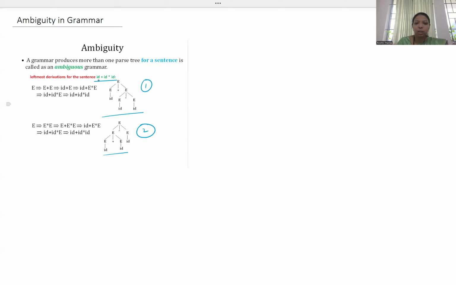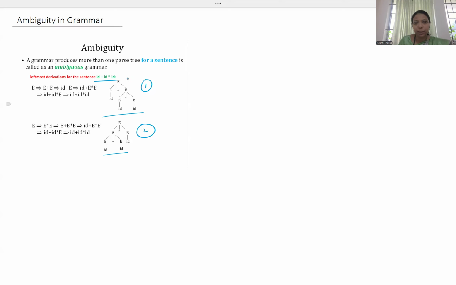Or if you have right associative operators like exponential, in that case you can induce the right recursion. Let us discuss this with an example so that you will be clear in this concept.